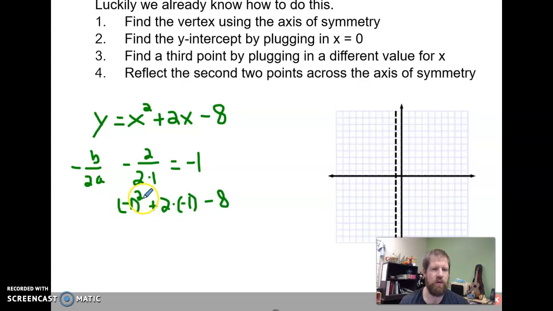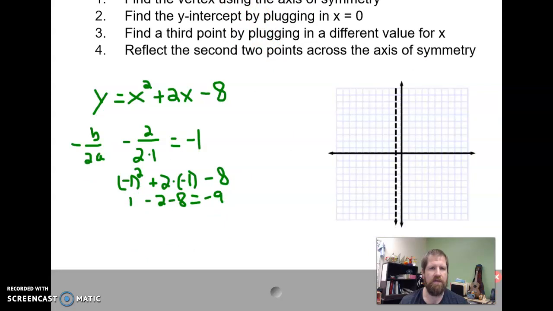Negative 1 squared is going to be 1. 2 times negative 1 is going to be negative 2. And I've got my negative 8. 1 minus 10 is going to be negative 9, so that equals negative 9. Okay? So I've got my vertex at negative 1, negative 9, right there.